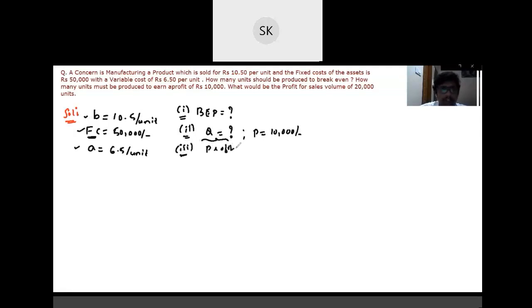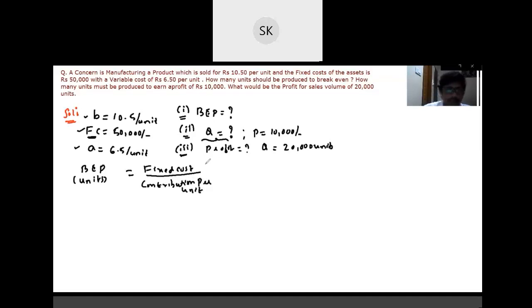So, first they have written all the givens. Fixed cost FC, variable cost they have represented by V, selling price per unit they have represented by S, which is 200.